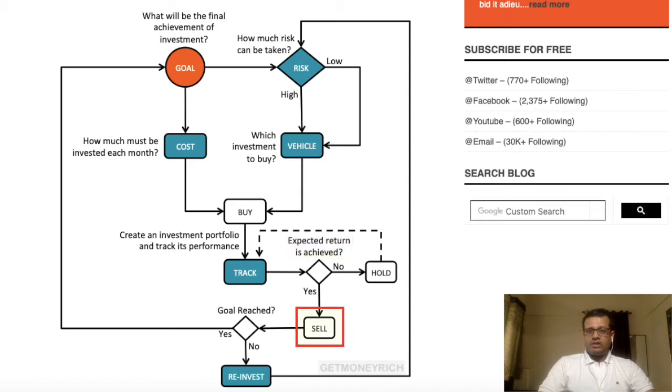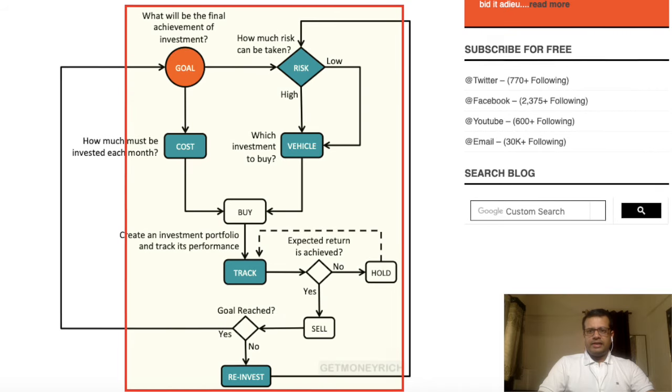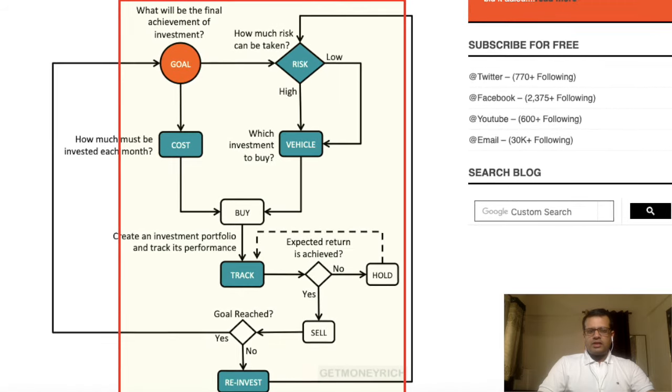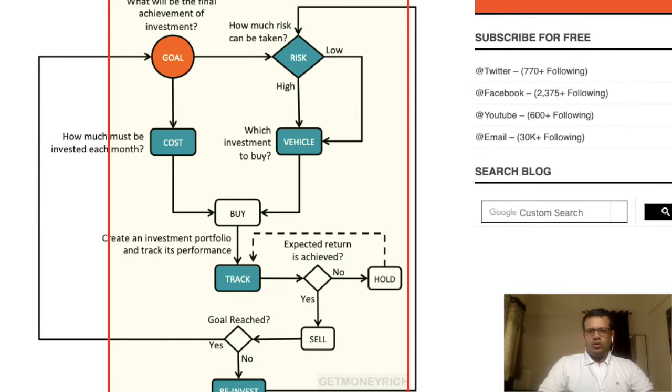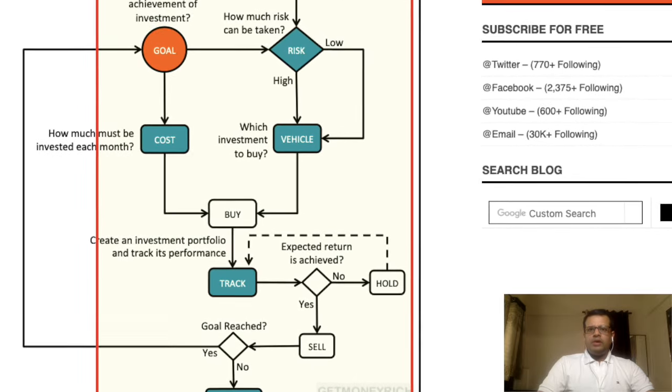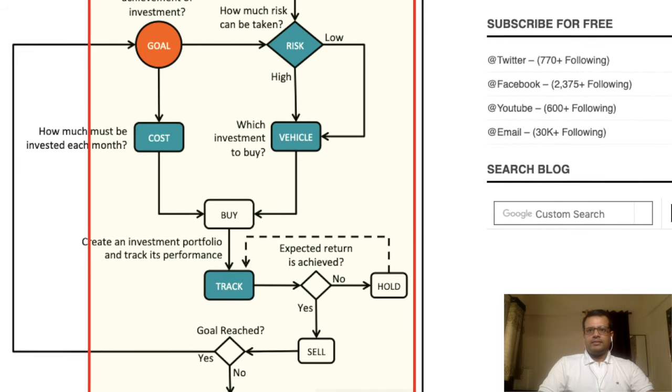If the expected returns are reached, go ahead and sell the holding. And once you sell, you do another screening, that if you have to reinvest your investment or you are ready to consume it. So once you buy an investment, you must be absolutely clear that this is the process that you are going to follow to complete the whole investment cycle.